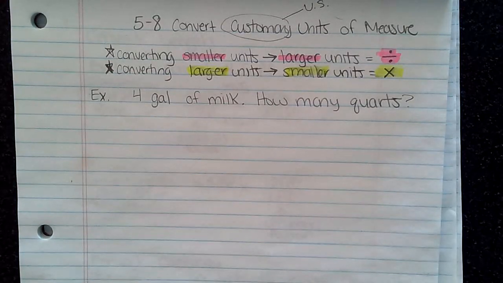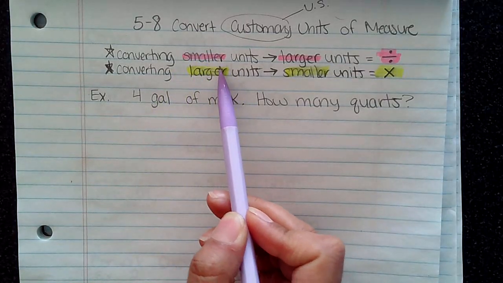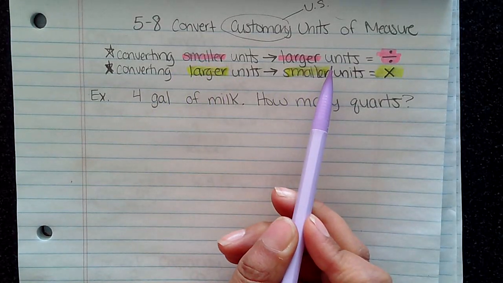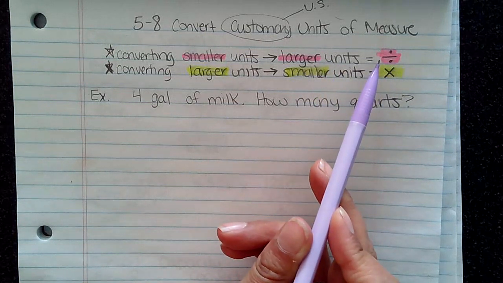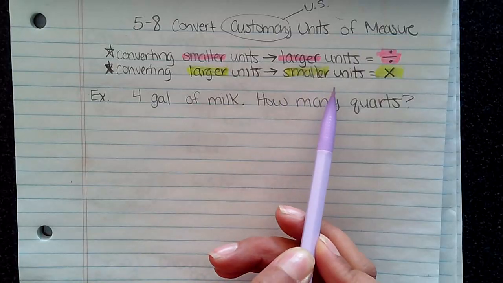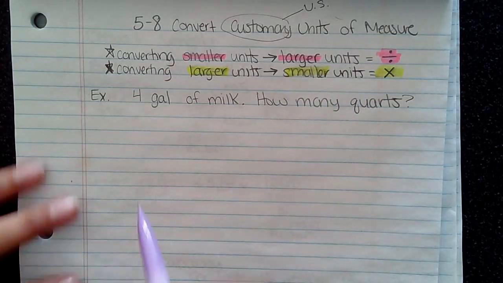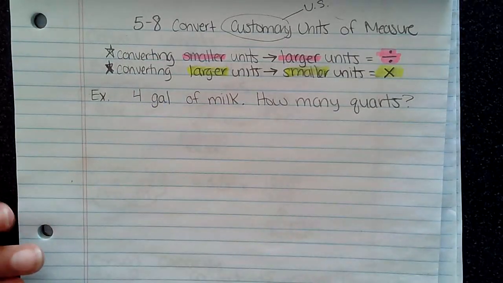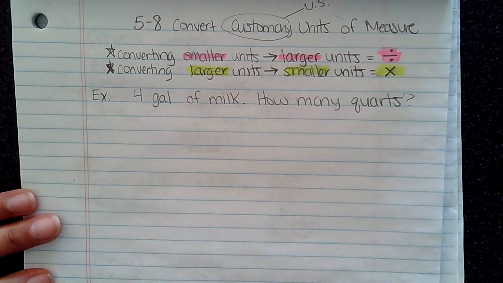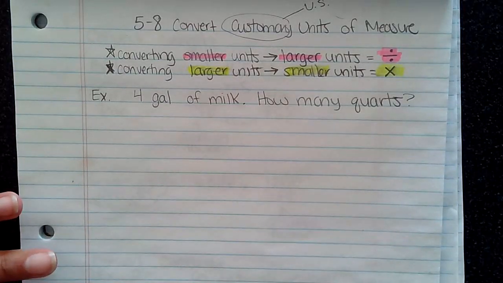One thing that's important is we want to remember that when we are converting smaller units to larger units of measure, we need to divide. And when we are converting larger units to smaller units, we want to multiply. So, for example, you guys all know what a gallon of milk looks like, right? It's that big jug that you hold and we pour it into cereal, a glass of milk.